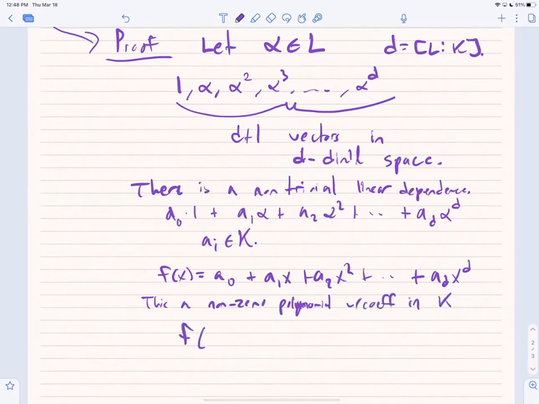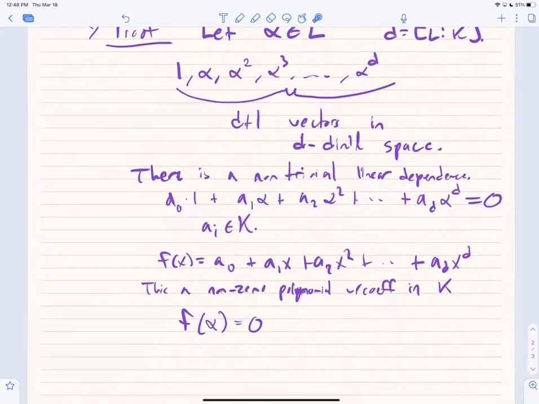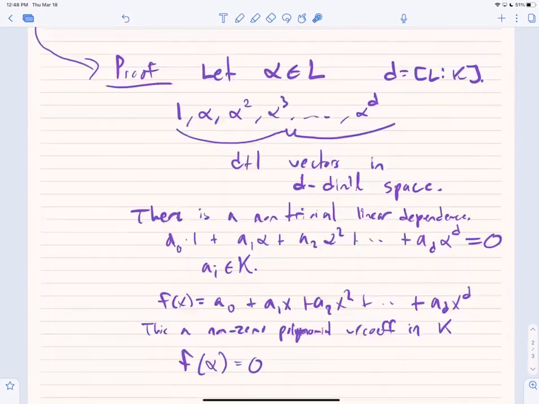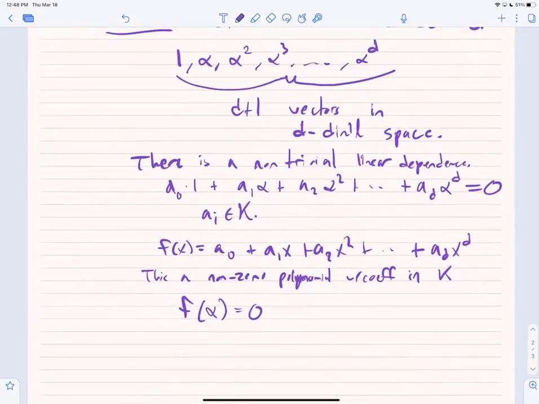And f of alpha is equal to 0. So this non-trivial linear dependence is literally the statement that if I take this polynomial f and evaluate it at alpha, I get 0. And this is exactly what it means for an element to be algebraic: it's a root of some non-zero polynomial. Okay, so alpha is algebraic.